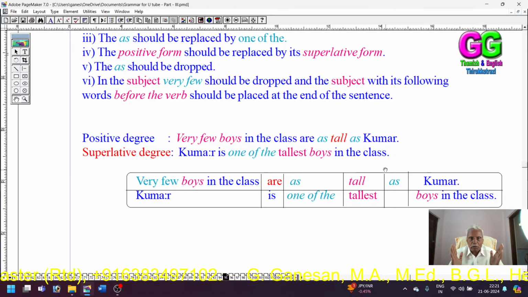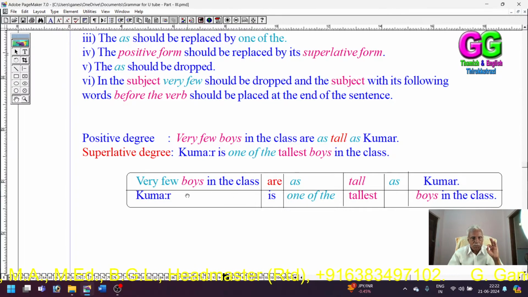What are the rules we have followed here? First, the complement has been made as the subject. Secondly, the verb has been changed. In the positive, the subject is plural, boys, so we have "are".